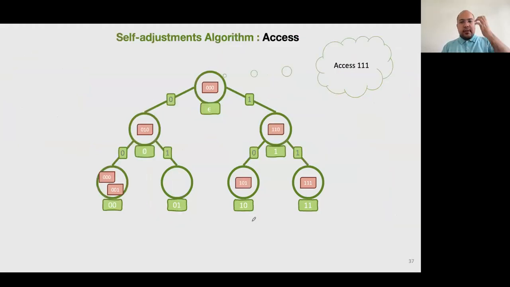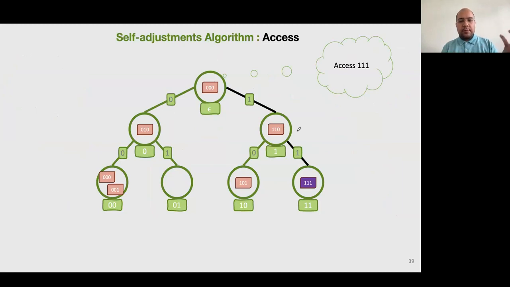So what happens when we have an access? We will do this local routing based on the IDs to find the item. So we go right here. And now, because we wanted to have this property of demand awareness, we want to bring this item to the root.